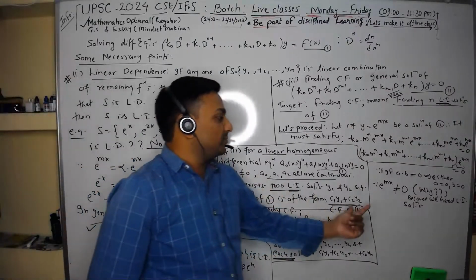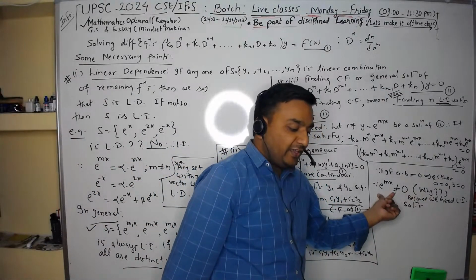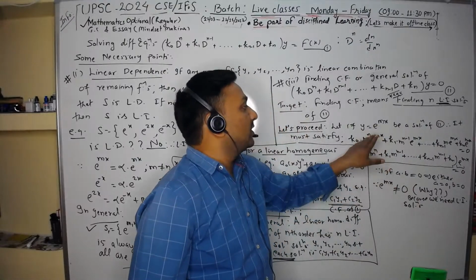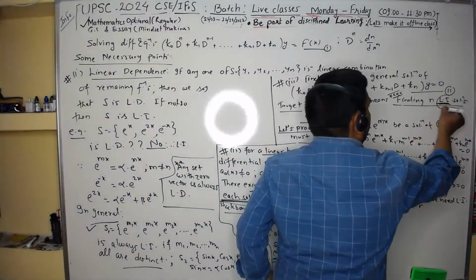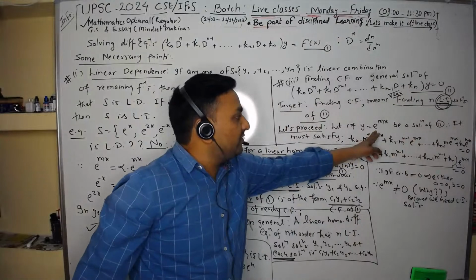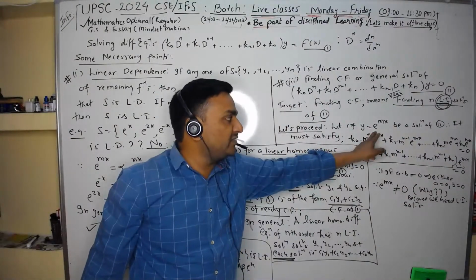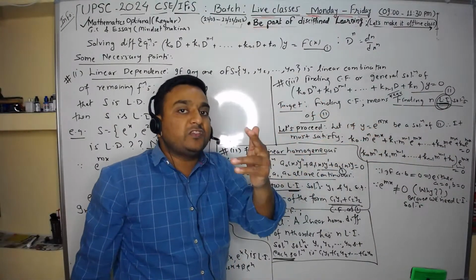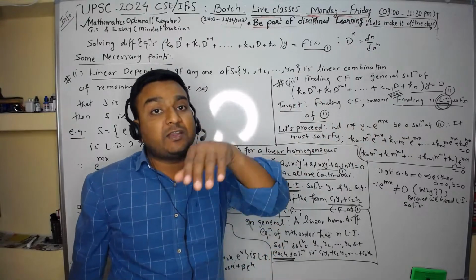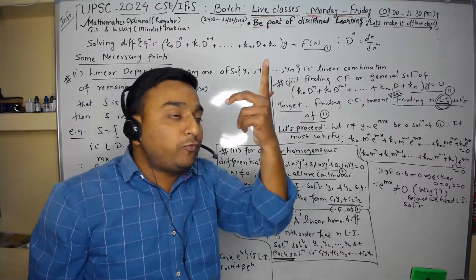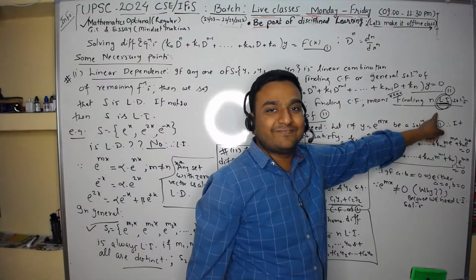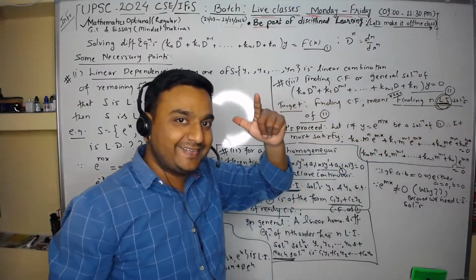So if you take exponential of mx as 0 here, your set will become dependent, because what you are doing, you are trying to find linearly independent solutions, and you have taken this as 0. If you have taken this as 0, then your set of solutions will contain 0 vector and that will become LD and that will not fulfill your target. Is that clear or not?